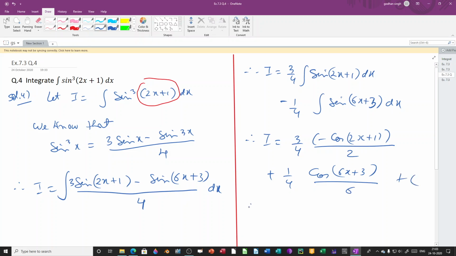So this will give us, therefore I equal to minus 3 by 8, since 4 into 2 is 8, cos(2x plus 1).